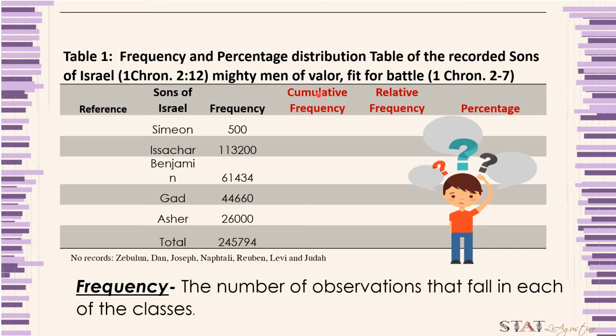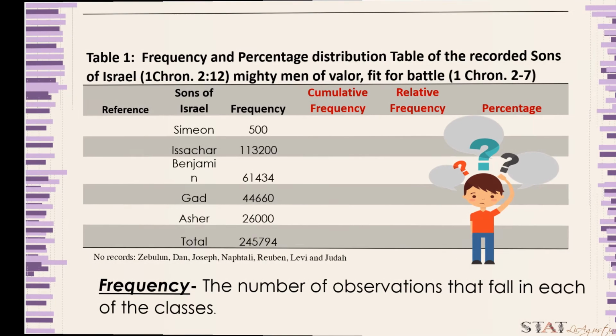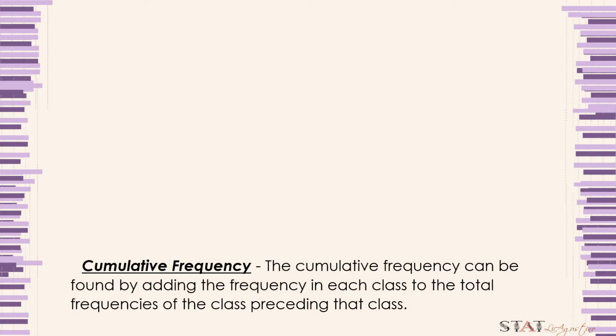Now let's proceed to cumulative frequency. Let's define it first. The cumulative frequency can be found by adding the frequency in each class to the total frequency of the classes preceding that class. Okay.